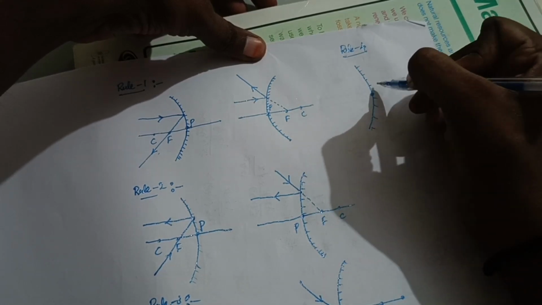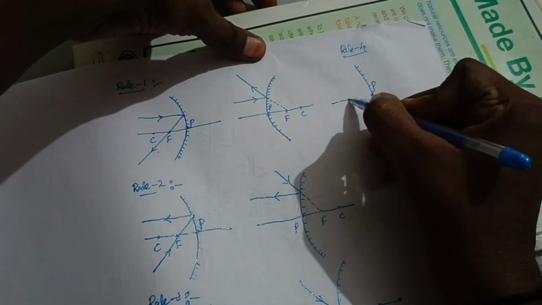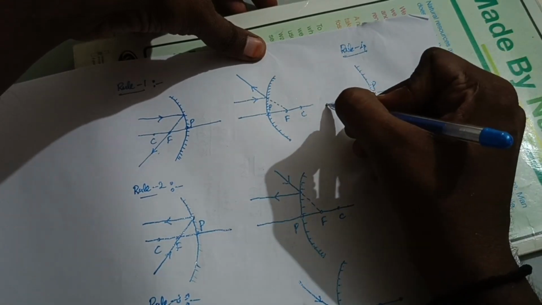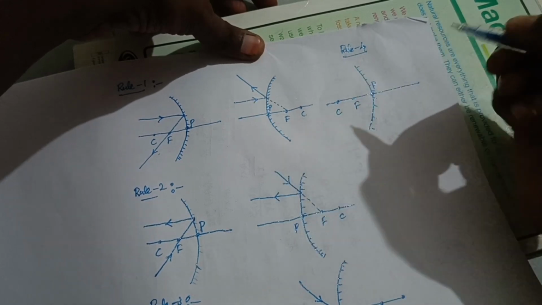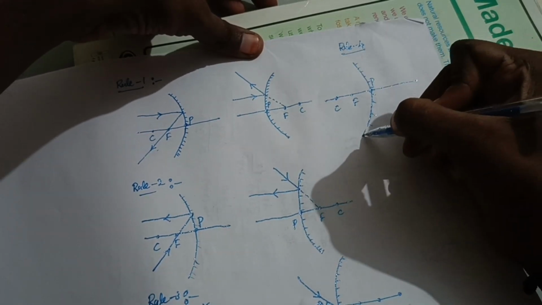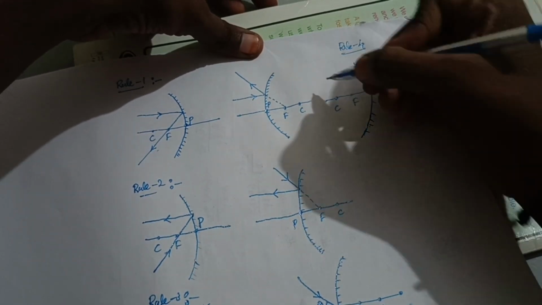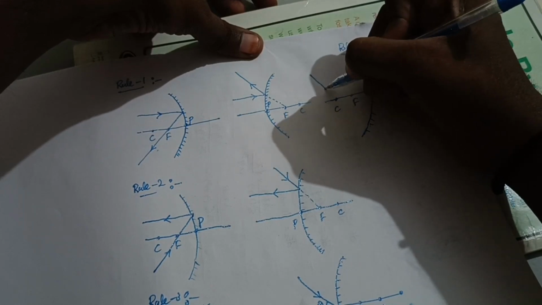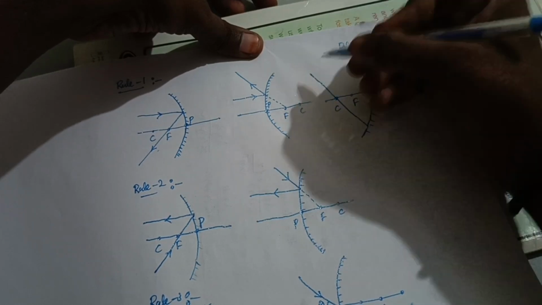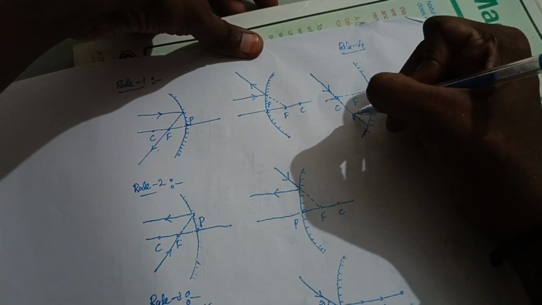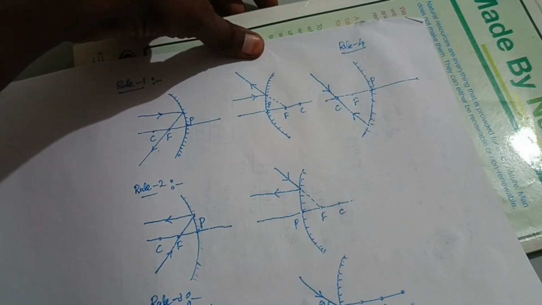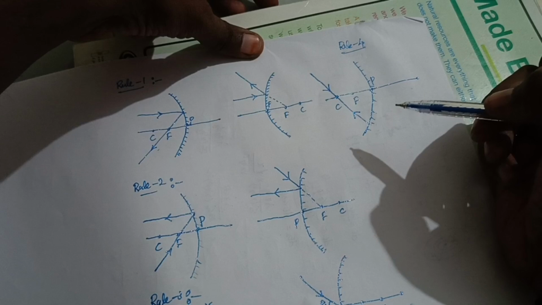This is the pole. Now I am drawing the principal axis. Now this is the focus and this is the center of curvature. So what is the statement for rule 4? If the incident ray passes through the center of curvature, then the reflected ray will follow the same path but in the opposite direction in a concave mirror.